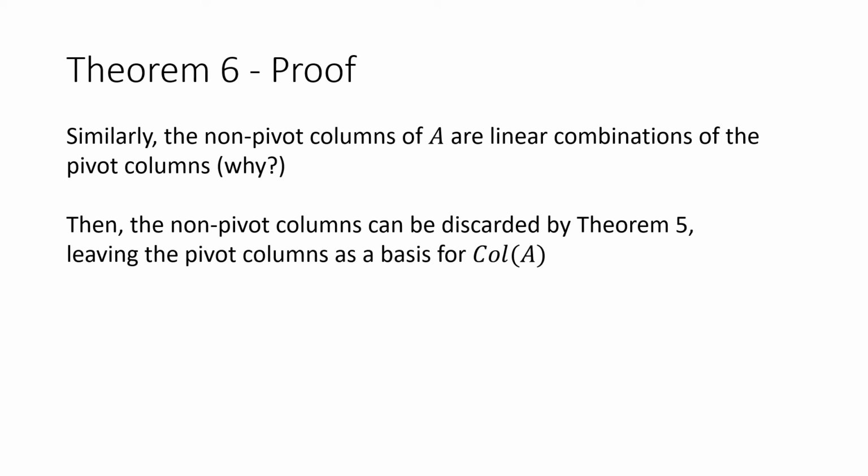What does that row reduction tell you? By theorem 5, that means all of those non-pivot columns, you can throw them out. And that leaves the pivot columns. The pivot columns are going to span the same thing, and they're going to be linearly independent. That is a basis. So your pivot columns form your basis.